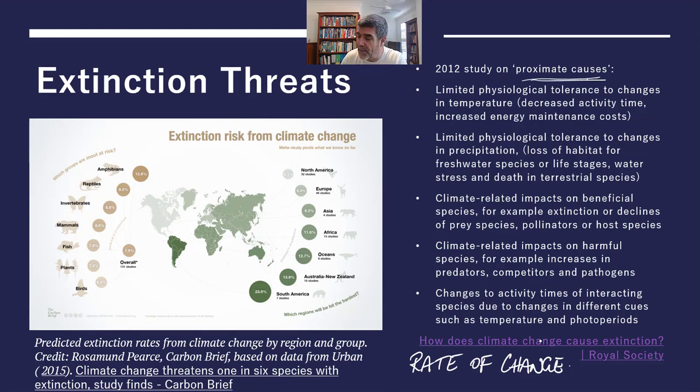Pollinators, we've talked a little bit about bees and the change in bee populations and how that affects pollination. And also for certain types of parasitic species that need a particular host. Those host species, if their numbers drop, we can also have considerable problems in that area too.